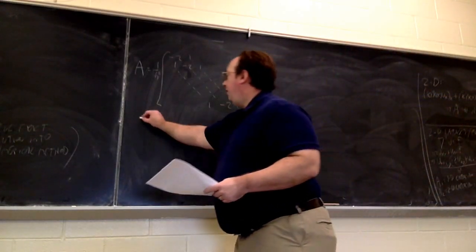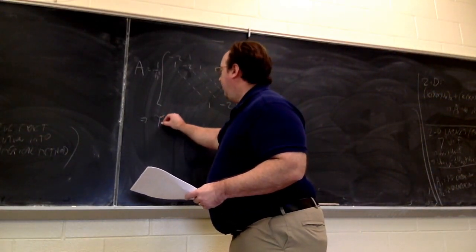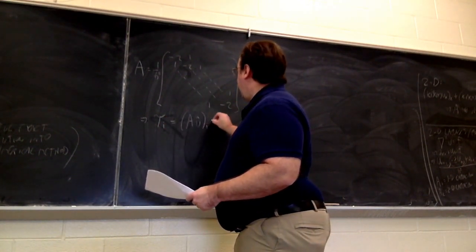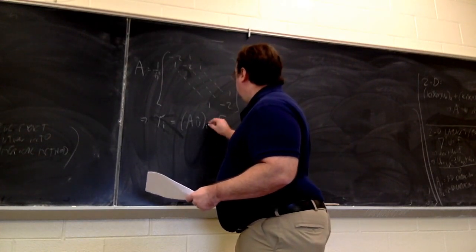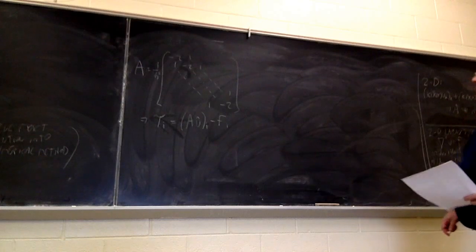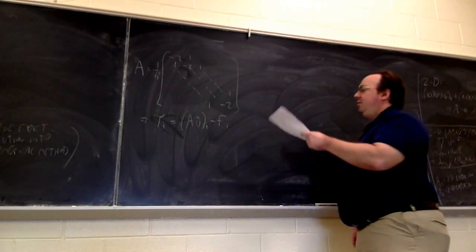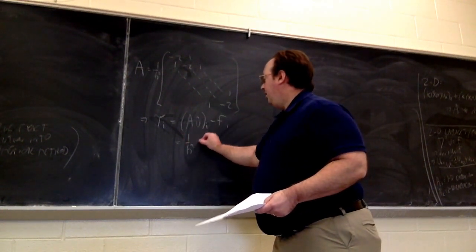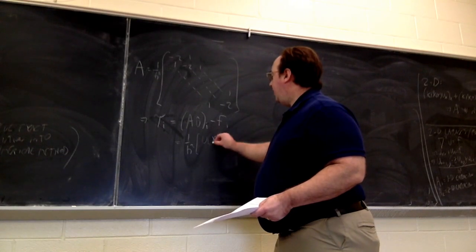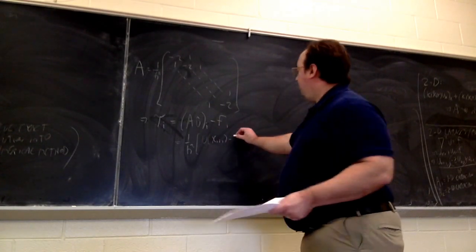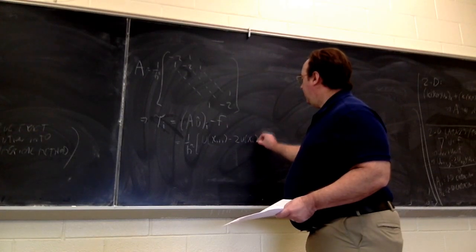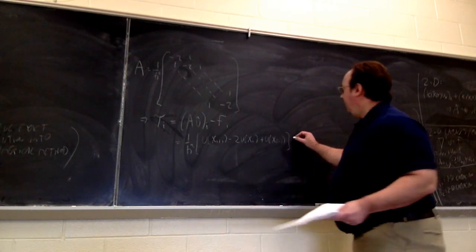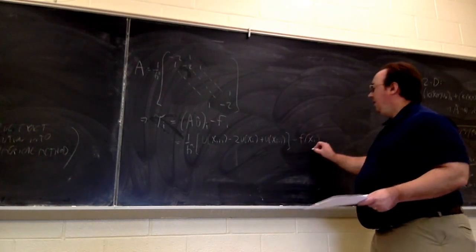So if I look at each element of this tau vector, tau sub i is equal to A U hat i minus F i. So if I now fill in what A U hat is, that would be 1 over h squared, and then u(x_{i+1}) minus 2u(x_i) plus u(x_{i-1}), and then minus f of x_i.